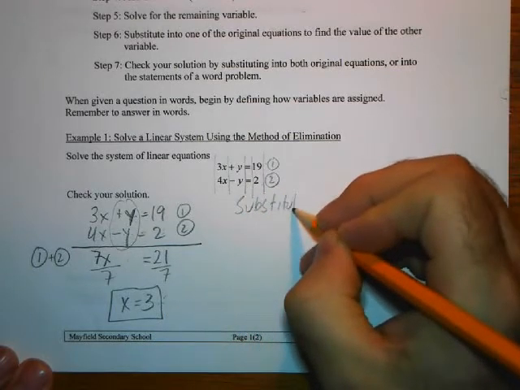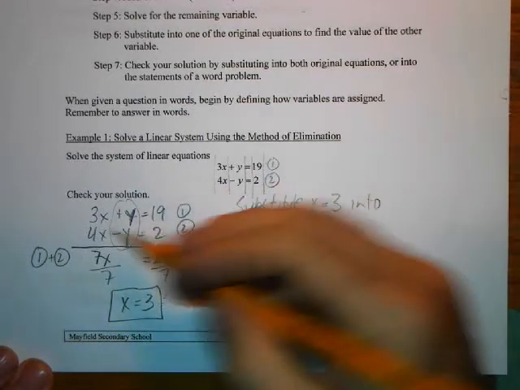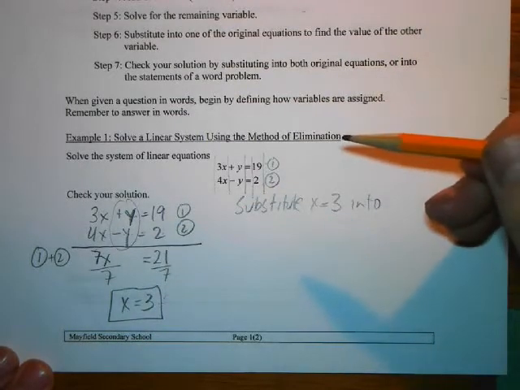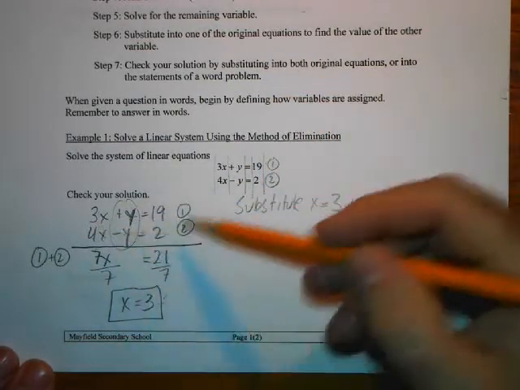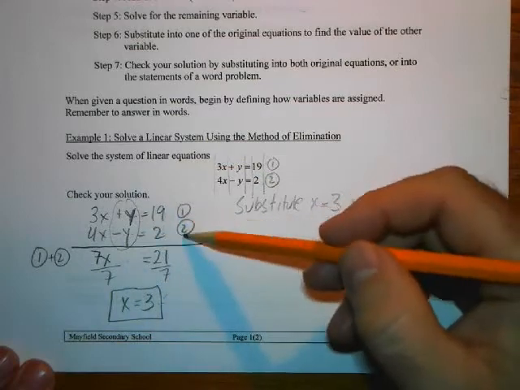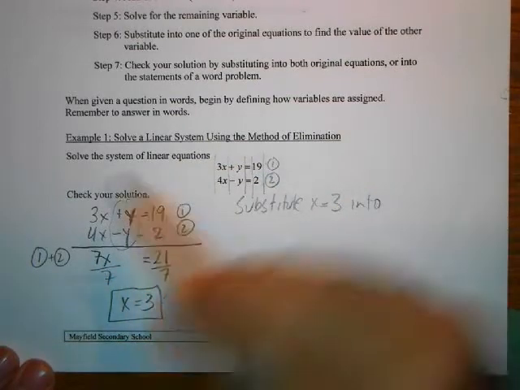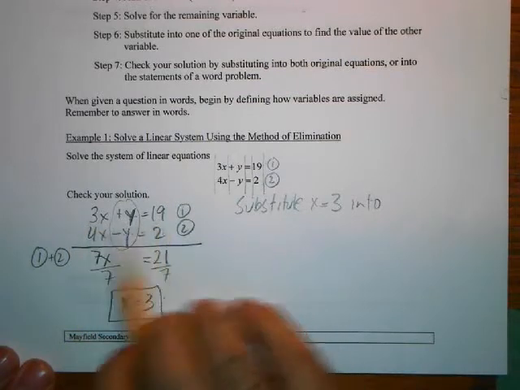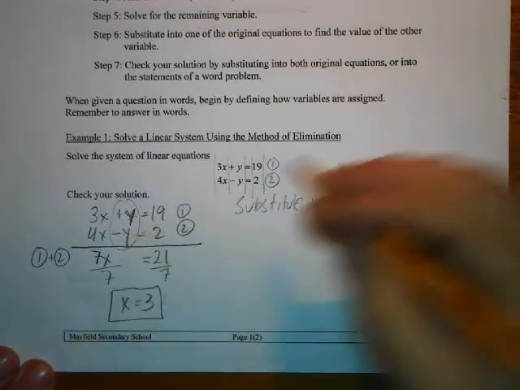So substitute x equals 3 into, and here you get to choose your equation. Now, we don't have an equation that says y equals anymore. It has to be one of these 2. Obviously, it can't be that equation because there's no y anymore. So you basically choose 1 or 2. I'm going to pick 1 just because everything looks positive there.